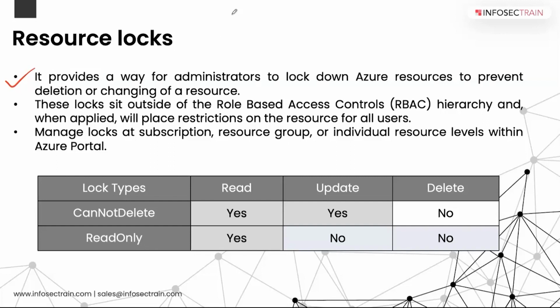Even with an RBAC policy, for example, I have given Douglas the contributor role, and I am using my main root account, which has all kinds of permissions. Even so, you can prevent accidental deletes or changes. These locks sit outside of RBAC.